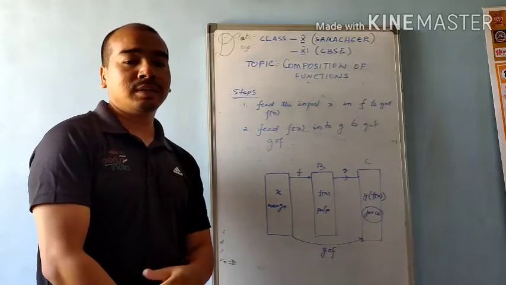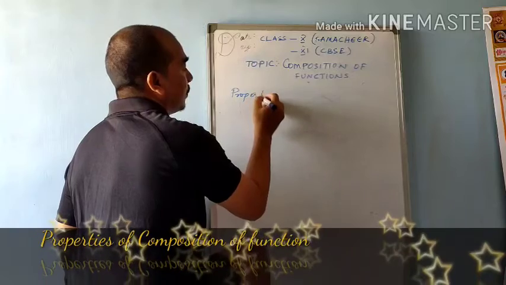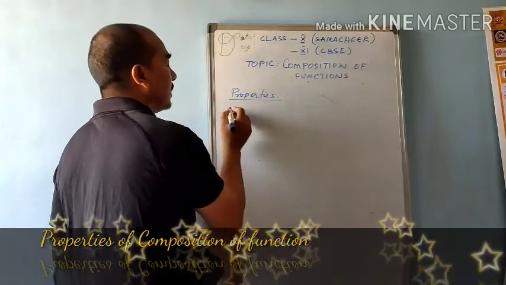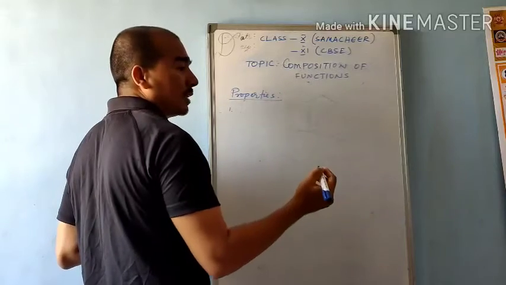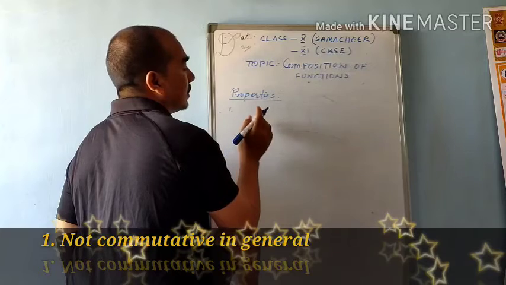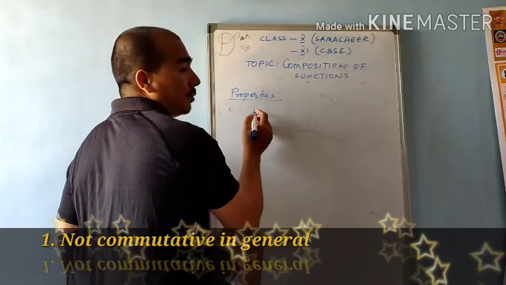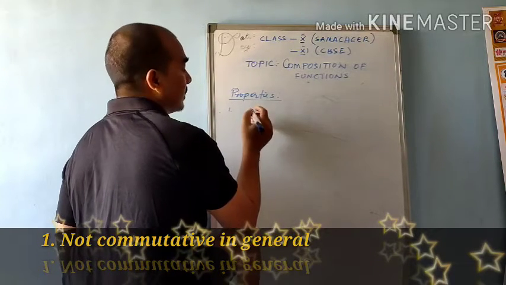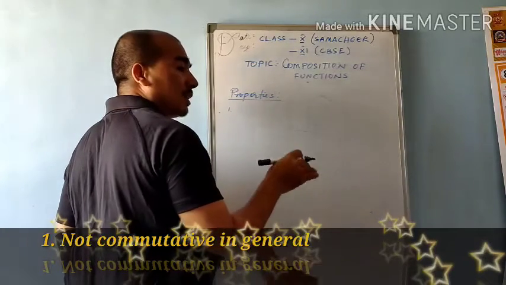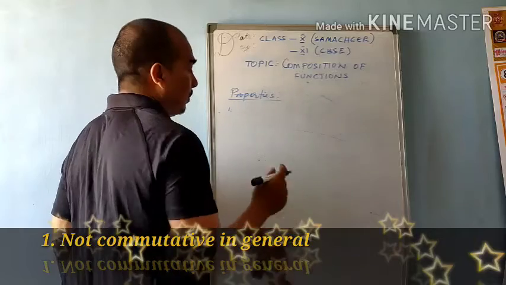Okay children. Properties of composition of function. You already know the commutative property and associative property. Composition of function is not commutative always. Sometimes it may be commutative, but sometimes it may not be commutative also.